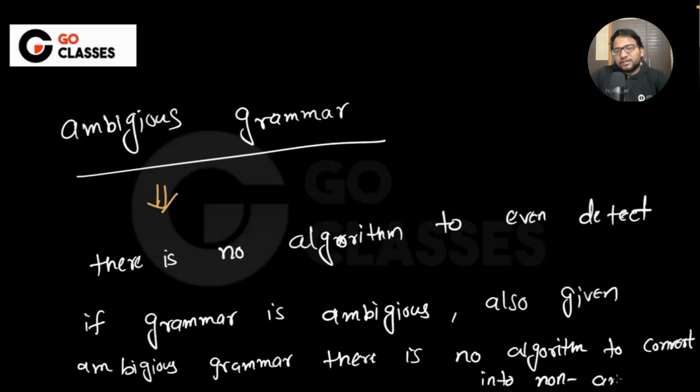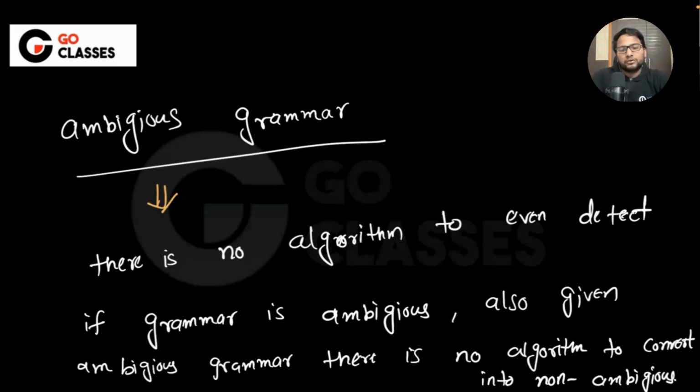Have we seen examples where we manually converted ambiguous to unambiguous? Yes, we have seen, I think, 3 to 4 examples in previous lectures. Those examples are just based on intuition. There is no algorithm as such to convert.